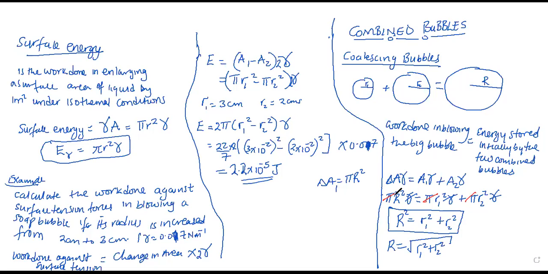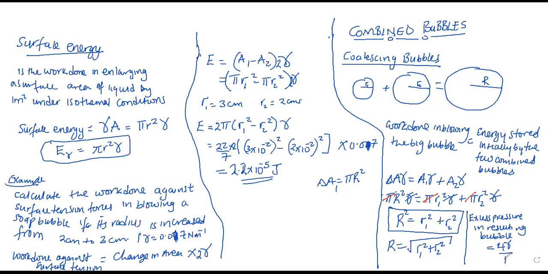So we can as well go ahead and get the excess pressure in the resulting bubble. Because if this bubble is a soap bubble, then we know for a soap bubble the excess pressure is 4 gamma over the radius.